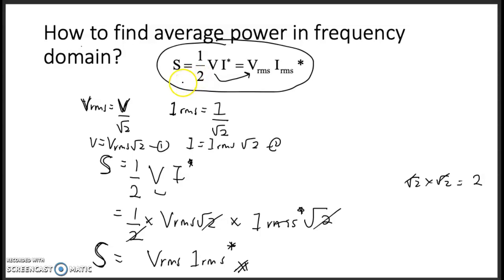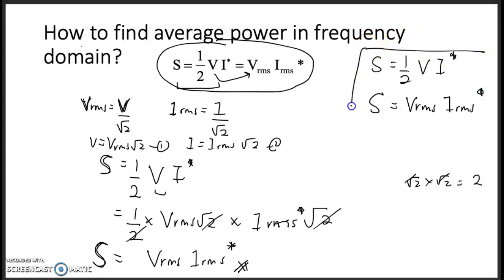So you have two equations here. The first one is S equal to half V I conjugate, or you can use V RMS I RMS conjugate. So in order for you to solve the complex power, just hold to these two equations, equation 1 and equation 2.